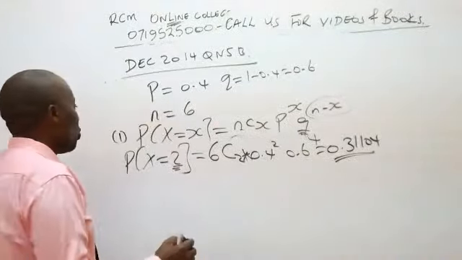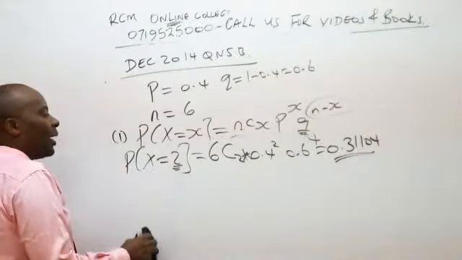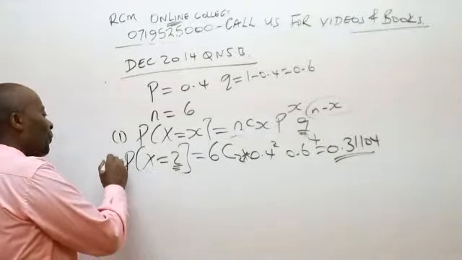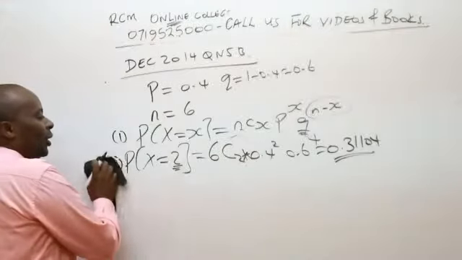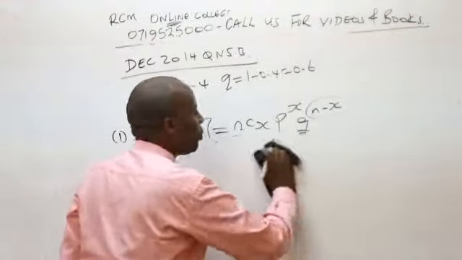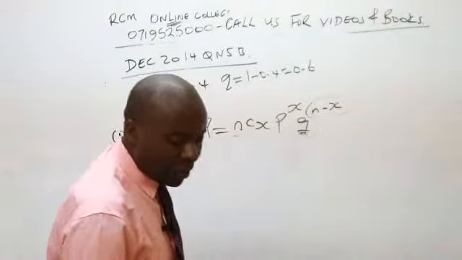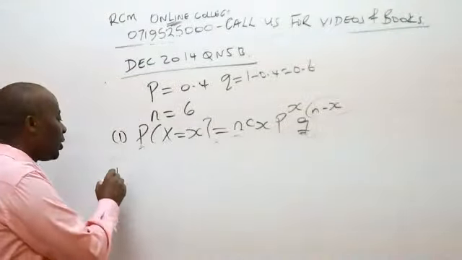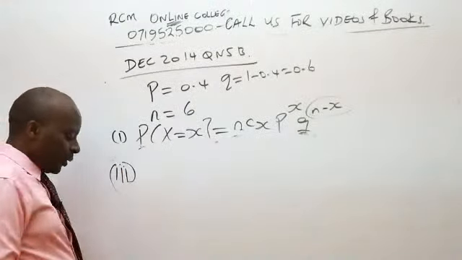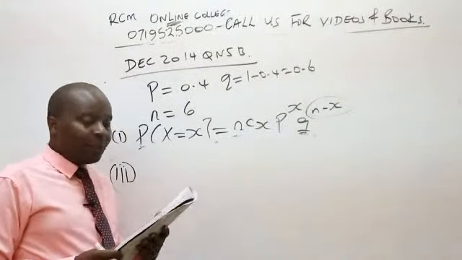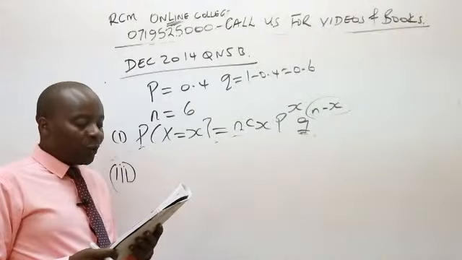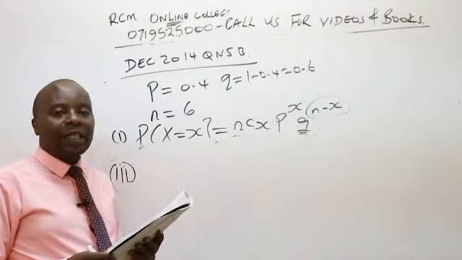Now we go to Roman 3. What we have under Roman 3 is quite interesting. They want us to give them the probability that at most 2 households were affected by the pandemic.